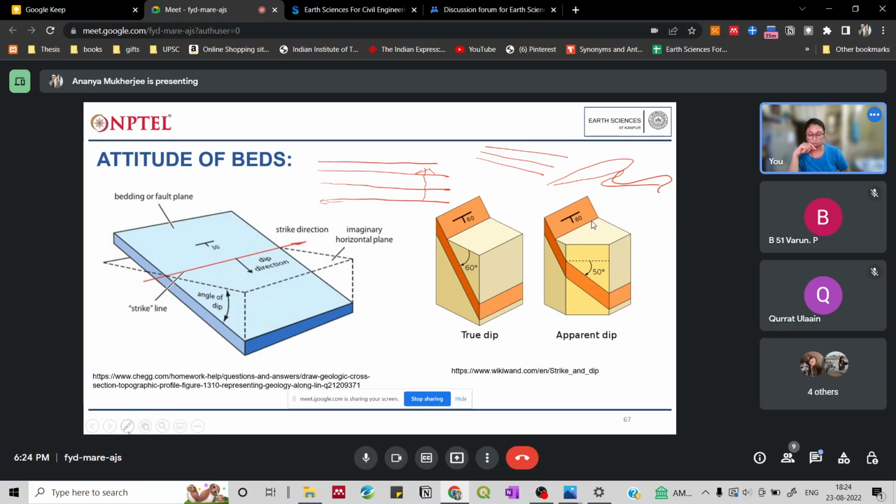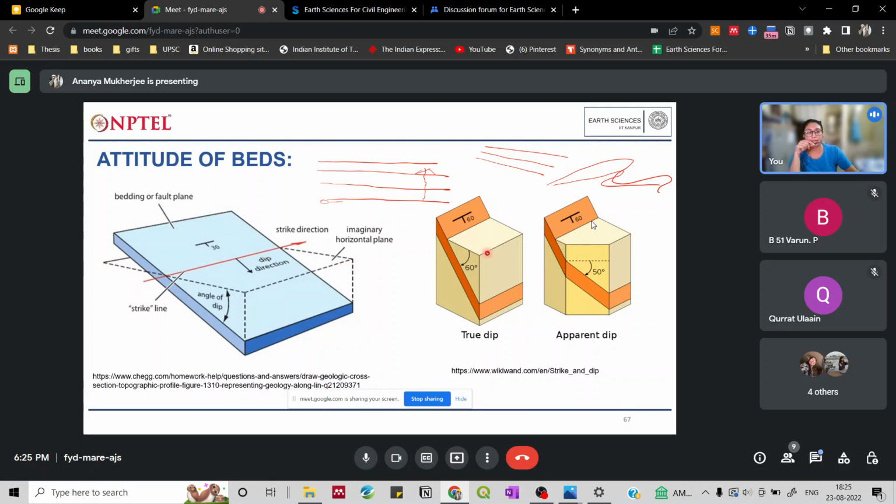Okay, so for the attitude of the bed, we have two very important elements. One is the strike, which you can see over here as a red linear line, and you have the dip direction. Suppose this blue plate, this tabular object that you see over here, is your bed. We are only considering one layer of rock.